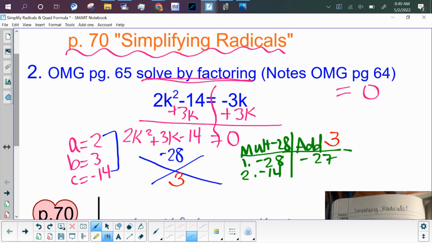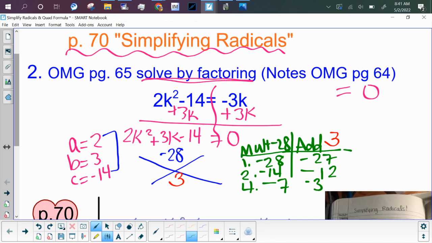Okay, so I'm going to keep going. 2 times negative 14, that multiplies to make negative 28, and that adds up to negative 12. So I got to keep going. 3 doesn't work. 4 and 7. So 4 times negative 7.